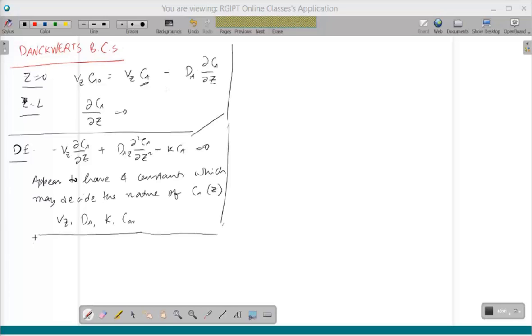So here my scale of Ca is Ca naught, the typical concentration we are talking of, which is the feed concentration. Although we do not know what's going on inside, at least we know we're going to start with the concentration in the feed, which is Ca naught. So I'm going to call Ca by Ca naught as Ca star.